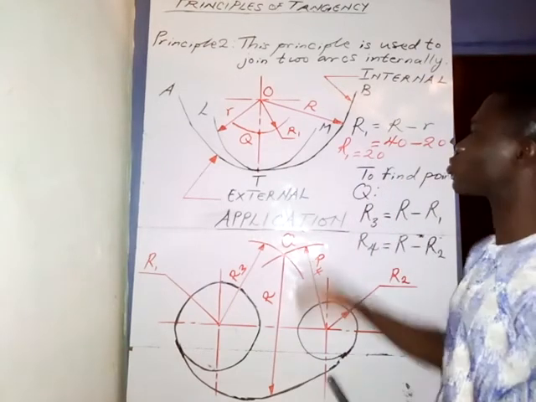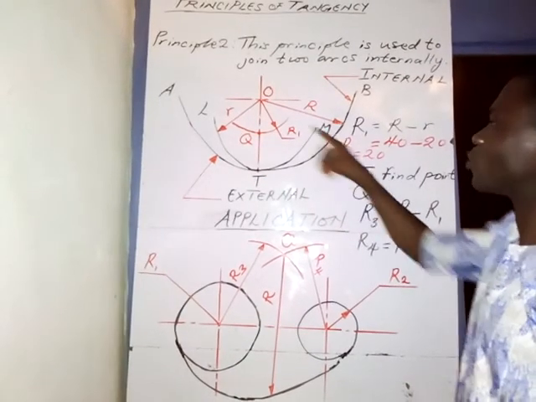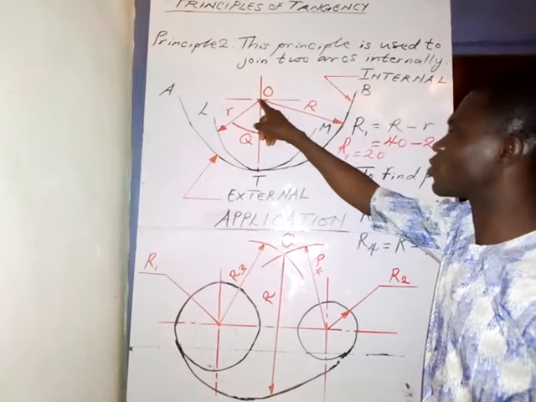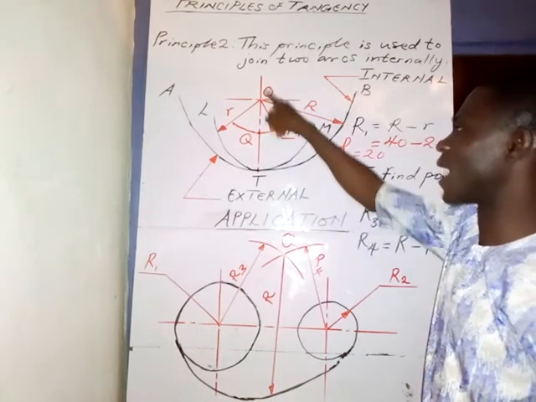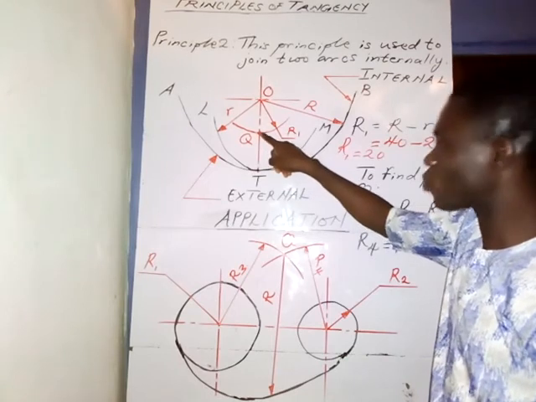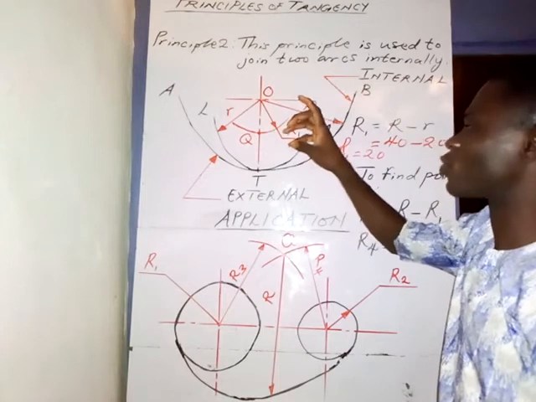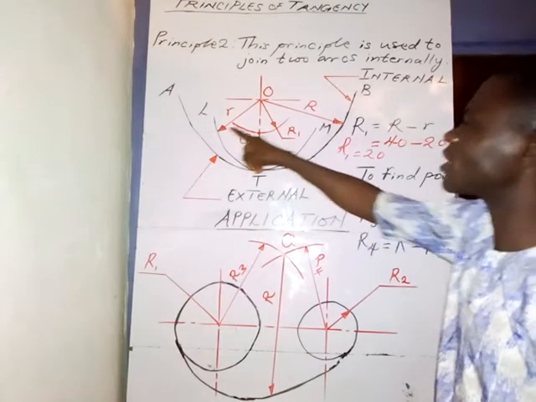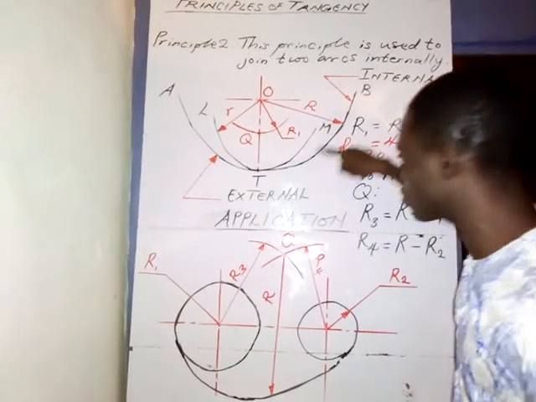To locate this point Q, you take a radius of 20 millimeters, put the pinpoint of the compass at point O, and make an arc on this line, so you have point Q there. The same 20 millimeters that you have on your compass, which is the radius of the smaller arc, just put it at this point Q and draw this arc.